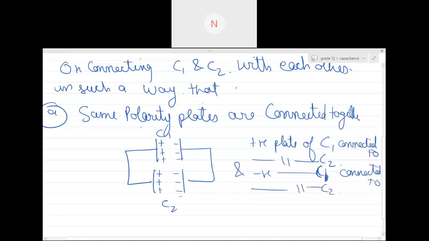So can you see, guys, same polarity means what? Positive plate is connected to positive plate and negative plate is connected to negative plate. This is what is meant by same polarity. Yes or no?